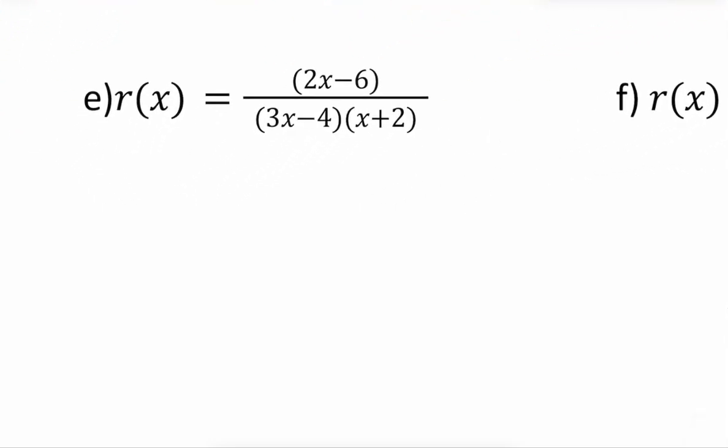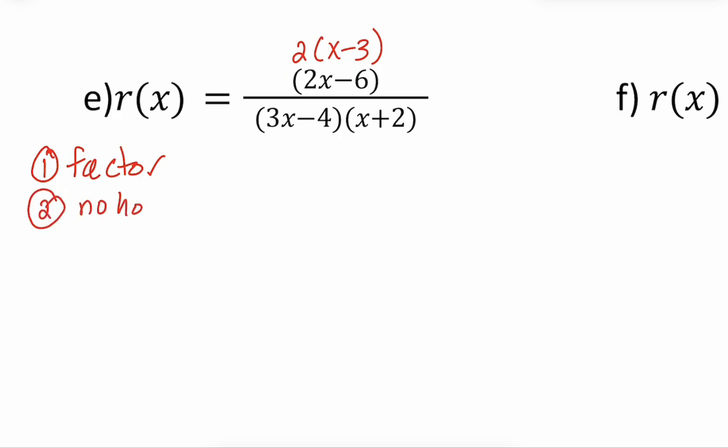There's not much we can do to factor E, except you might as well take out a 2 just to make sure that we don't have a matching factor in top and bottom. There is no factor in top and bottom that match, so there's no holes.